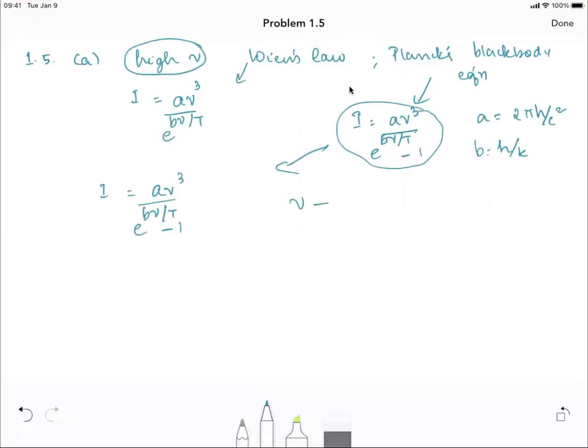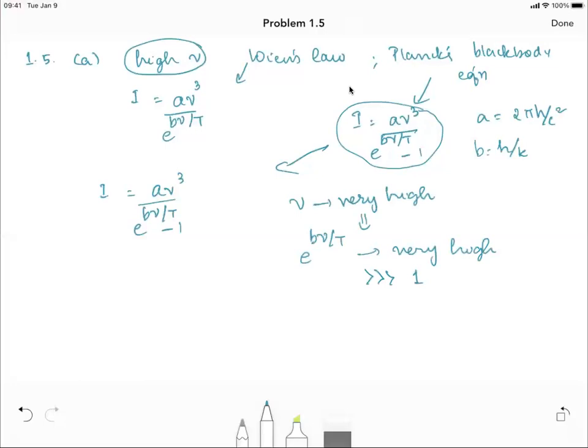When the frequency is very high, e to the power of something very high is also going to be very high, much, much greater than 1.